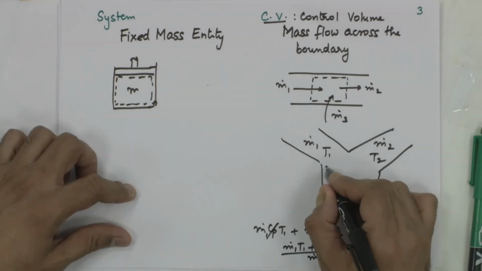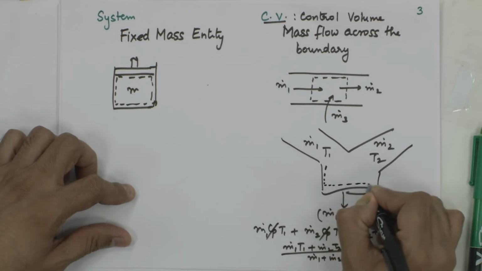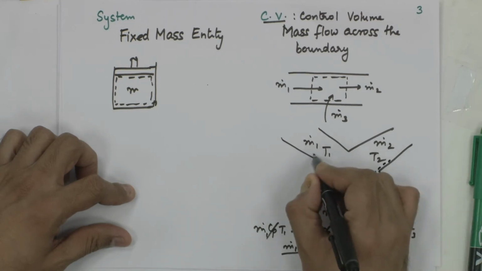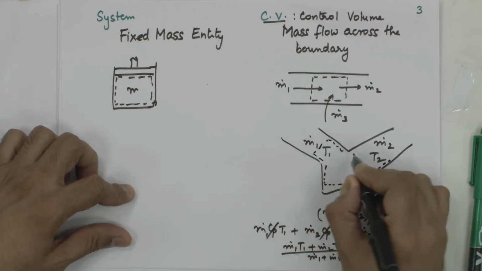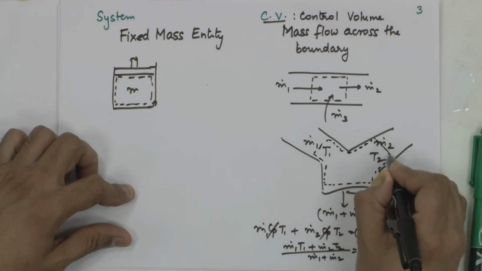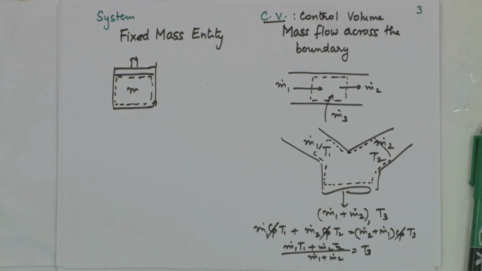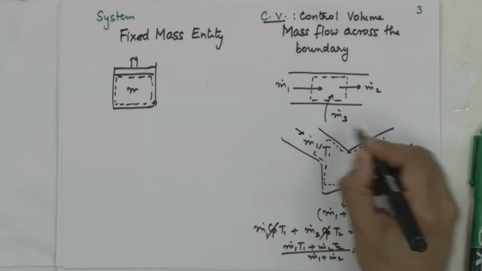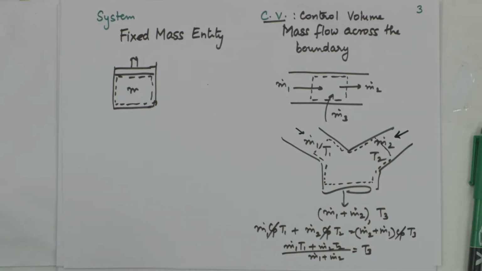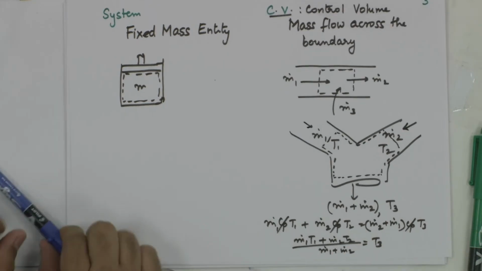So, this is my control volume, a region of interest through which mass can come in or mass can go out. Now, a fixed mass entity is a system, and one where mass is allowed to come in and leave is called a control volume. In fluid mechanics, there are two types of analysis possible.